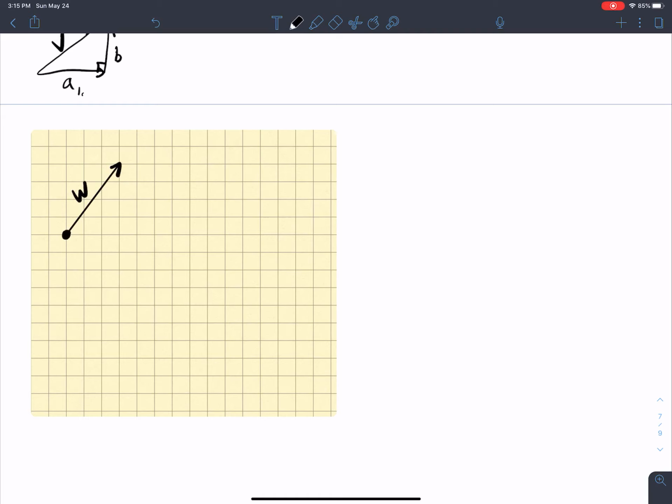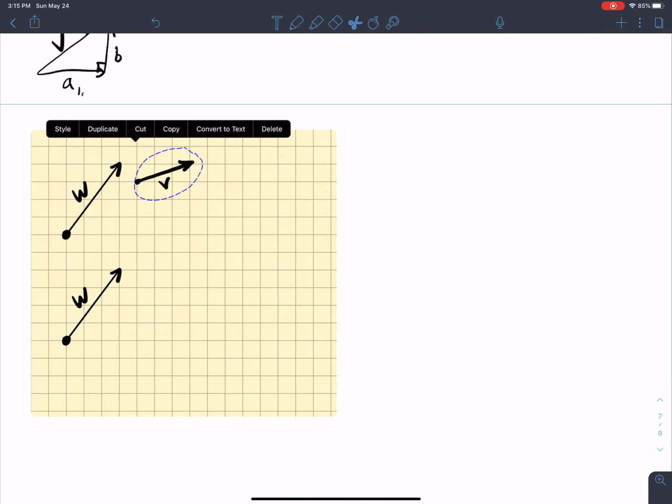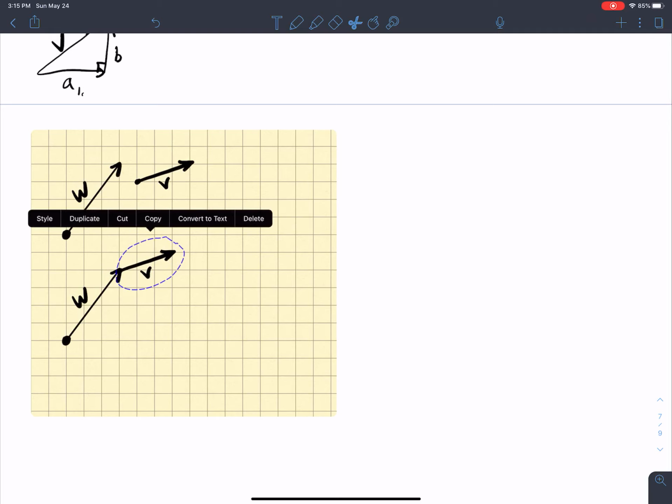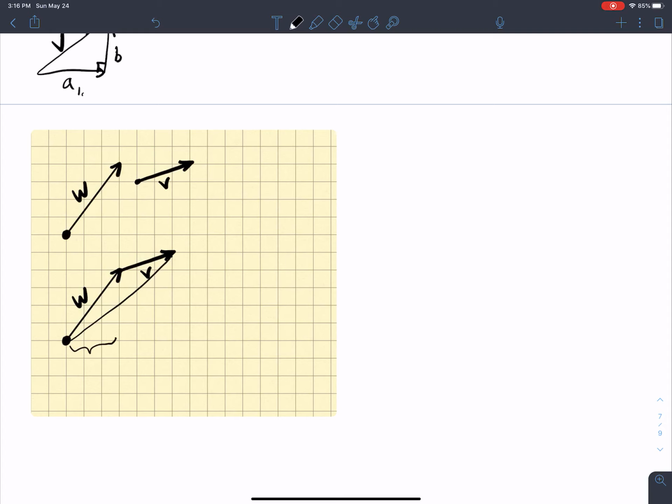This can be W, and this can be V. So if I'm going to add together W plus V, that gets me from here to here. This little piece right here could be a2, and this little piece right here would be a1. So a1 and a2 added together. This could be b1, and this piece here, that's b2. If I add those together, I get from there to there. So that's W plus V.